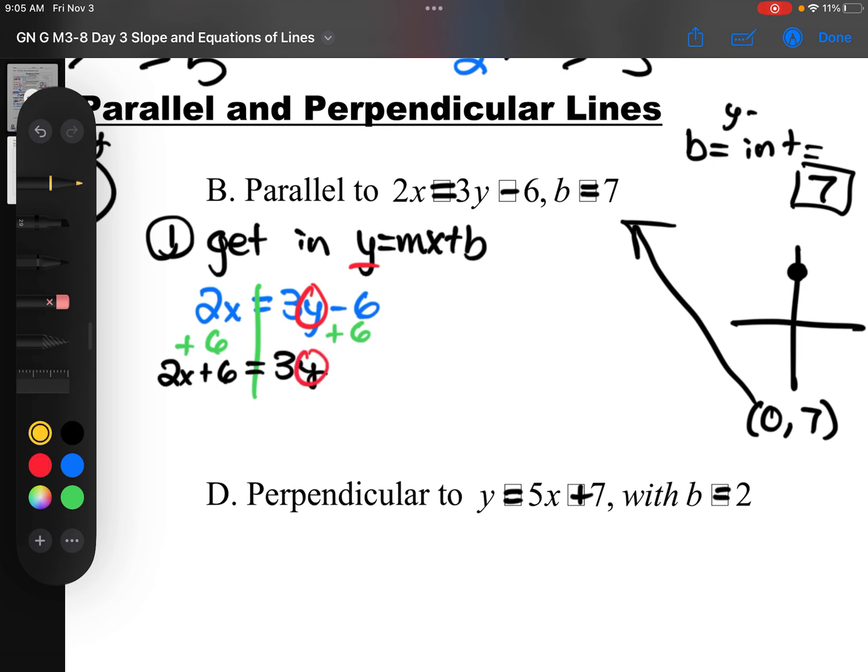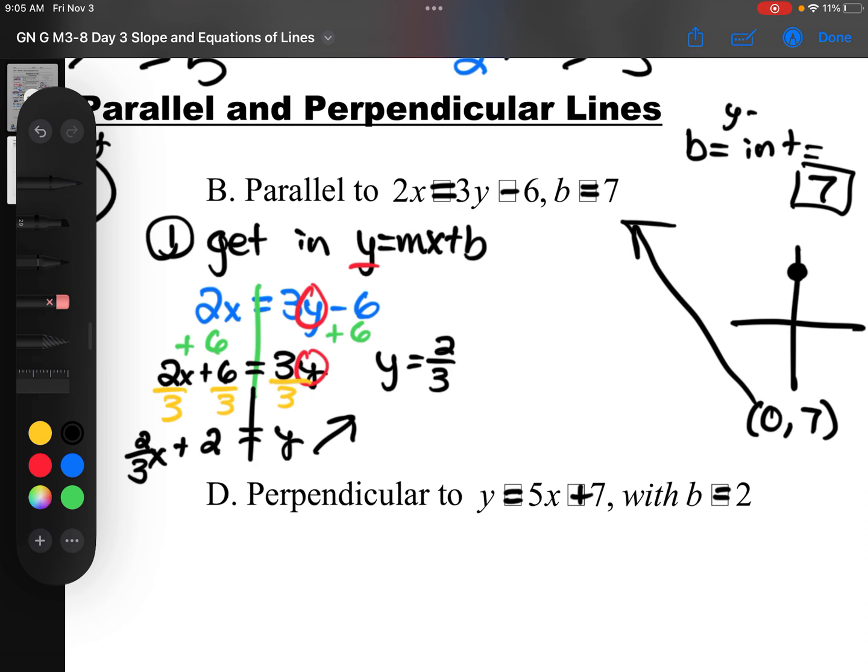To do that, I'm going to have to divide everything by 3, because what you do to one side, you have to do to the entire other. So then we would get y equals 2, because 6 divided by 3 is 2, plus 2/3 x, okay? So this is y equals mx plus b. We can just rewrite it as y equals 2/3 x plus 2.